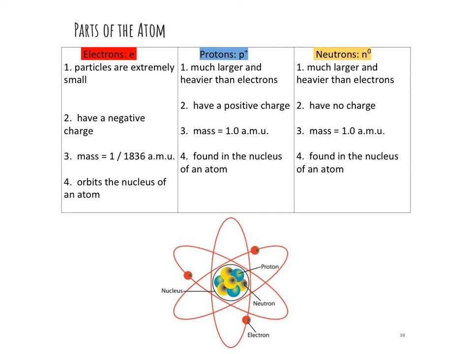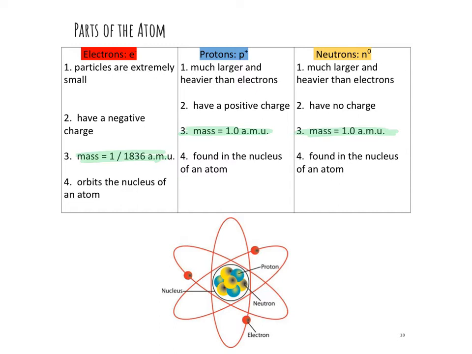So there's three particles: the electrons that orbit around the nucleus, and the protons and neutrons that are in the nucleus. Now the protons and the neutrons have a mass of 1 AMU, which is atomic mass unit. However, electrons are 1/1,836 of an AMU.